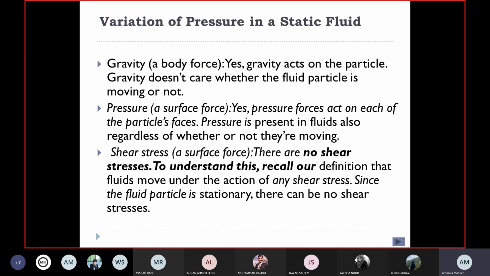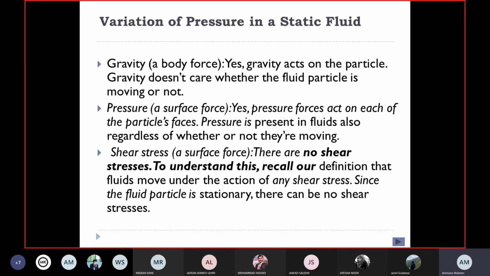Okay, now we are going to discuss another very important law, or you can say a very important concept of fluid statics. Before discussing that, you should know how many forces are applied to the element of fluid which is in stationary condition.